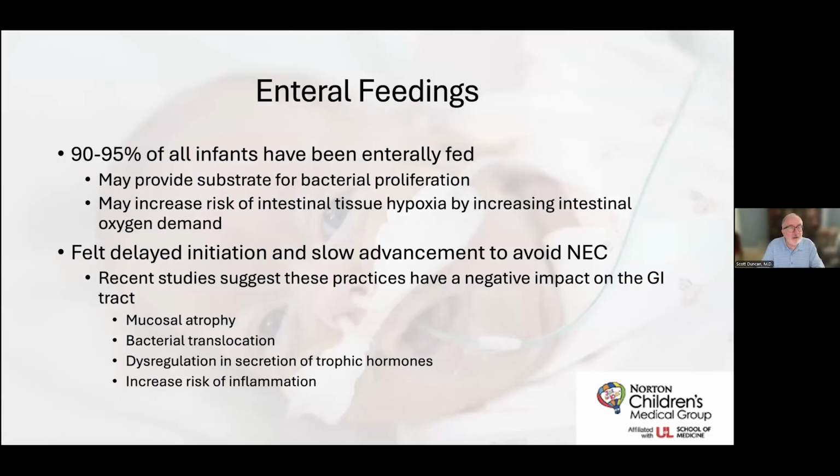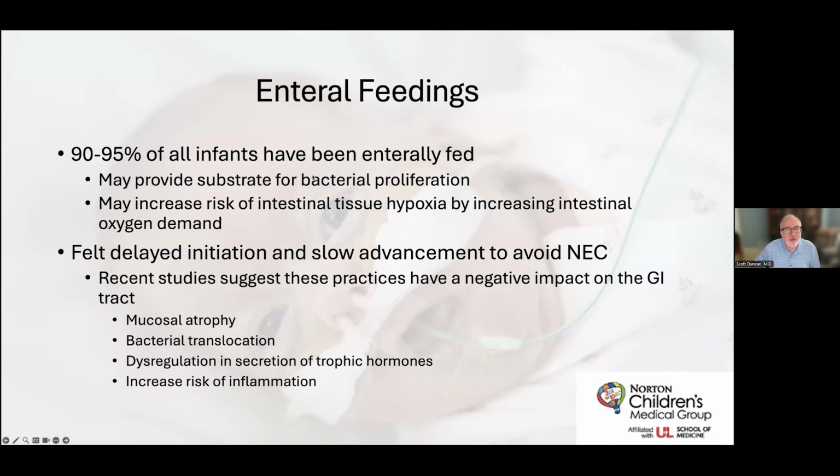Enteral feeding certainly plays a role. 90 to 95% of all infants have been enterally fed. But when you go back and you think about the mechanisms, we always have a few babies who develop fulminant NEC who haven't been fed. And that's primarily because of hypoxic ischemic injury. We can use that example of a term baby with cyanotic congenital heart disease.